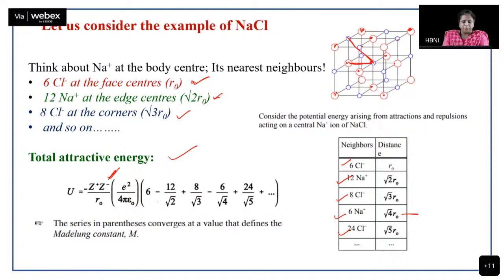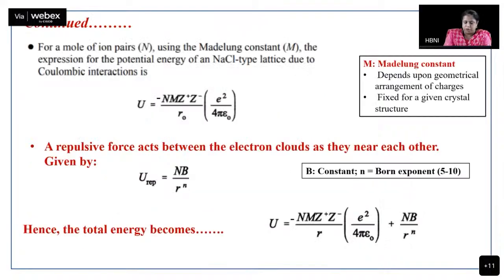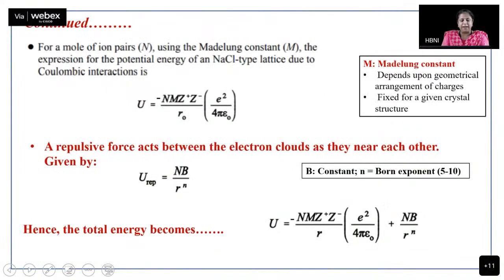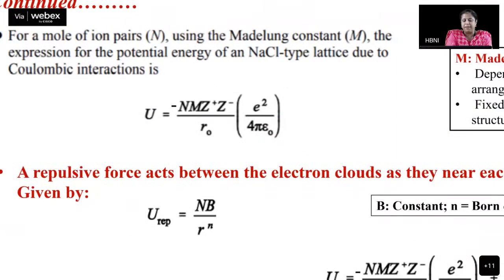Now, this entire number which is in the bracket is called the Madelung constant M. So now I replace this term by M and I get this. You just forget about the N for this moment, and it will be minus M Z plus Z minus by R naught, bracket में whatever term I have.